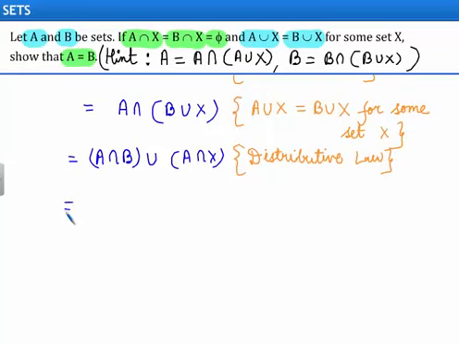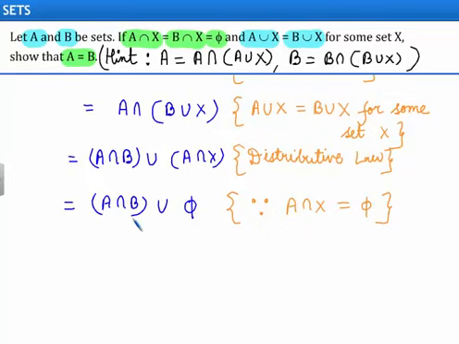And this will be equal to A intersection B union the empty set, because it is already given that A intersection X is equal to B intersection X is equal to the empty set. So we write the reason as since A intersection X is equal to the empty set.